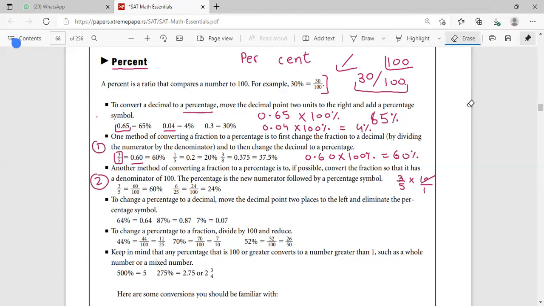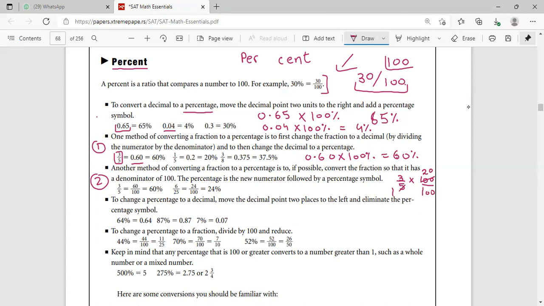Yes, ma'am. Okay, I'm not being able to hear you properly. Wait, yeah, okay, sorry. So the second way of converting a fraction to a percentage is by writing the fraction and multiplying it by 100 over 100. Now we'll cancel this 5. 1 times 5 is 5, and 5 times 20 is 100.